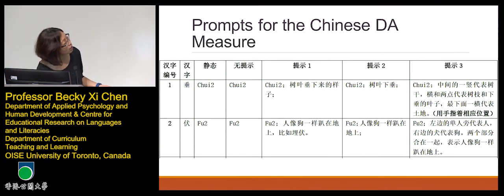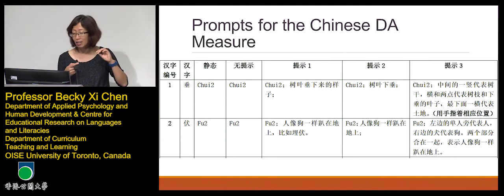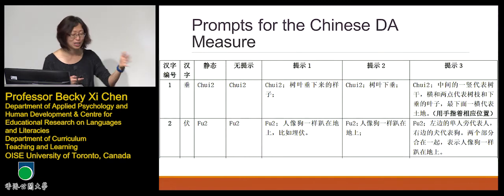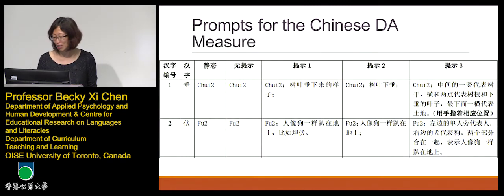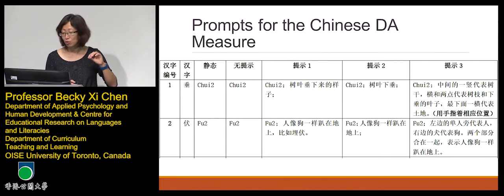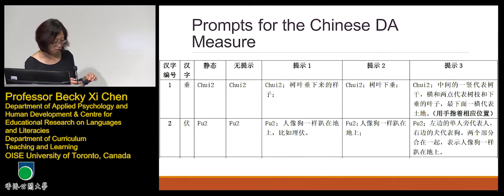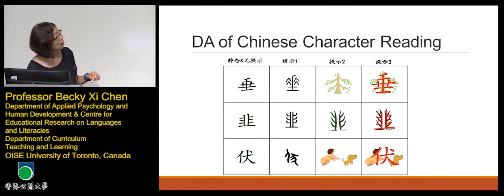That's prompt 3. And then it draws the connection between the picture and the character. Basically, you're telling them how this character was created. 中间的一竖代表树干，横和2点代表树叶和下垂的叶子，最下面一横代表土地。And you can also use your finger to point.